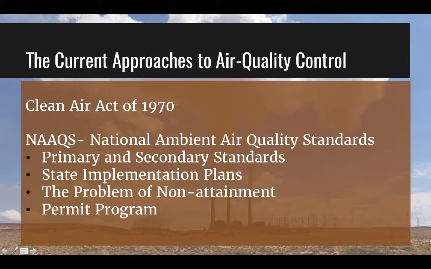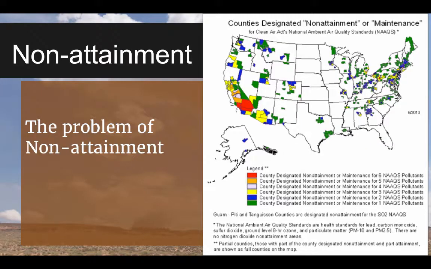As noted, a state implementation plan is to provide for attainment of the NAAQS within 3 years of the date of its promulgation. A 2-year extension upon request of the governor is possible if the technology for certain sources is unavailable. Problem of non-attainment.